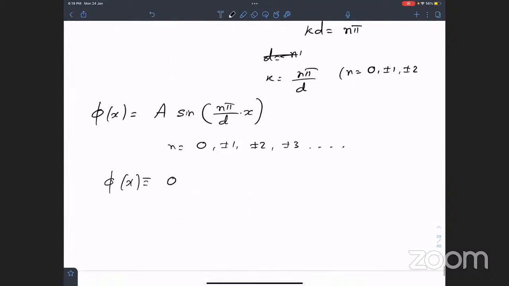That's bad, because remember my well, right? I know the wave cannot be here or here because these are infinite walls. Now you're telling me the wave cannot be here also. Then where is the wave? It's completely gone, right? That cannot be. So this is why n equal to 0 is not a solution.